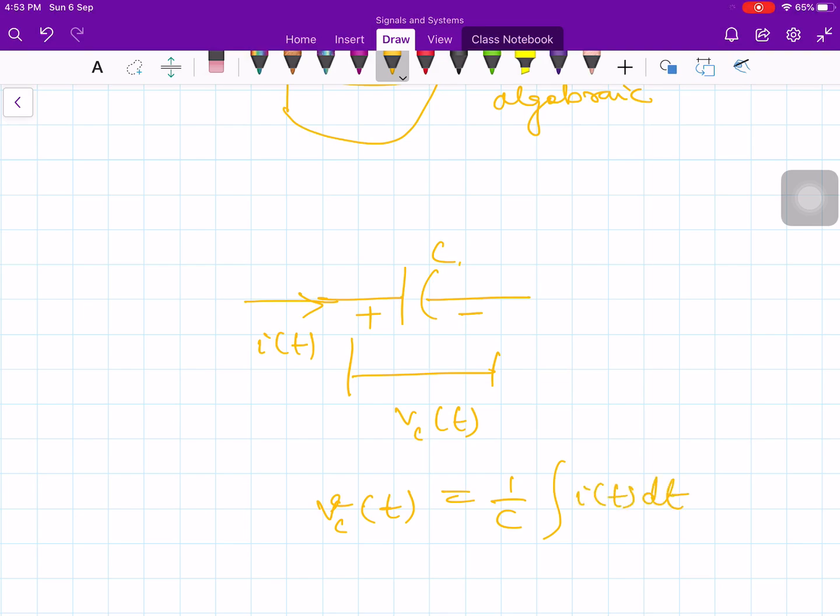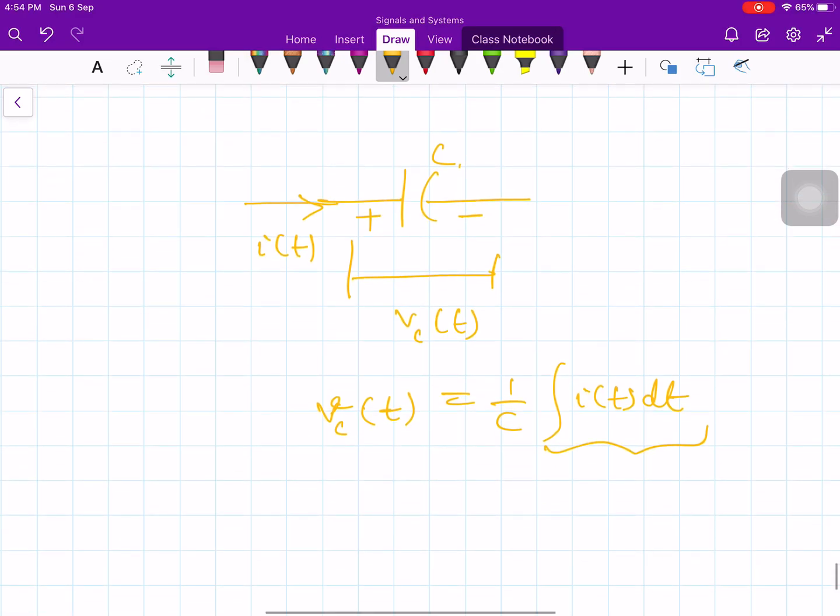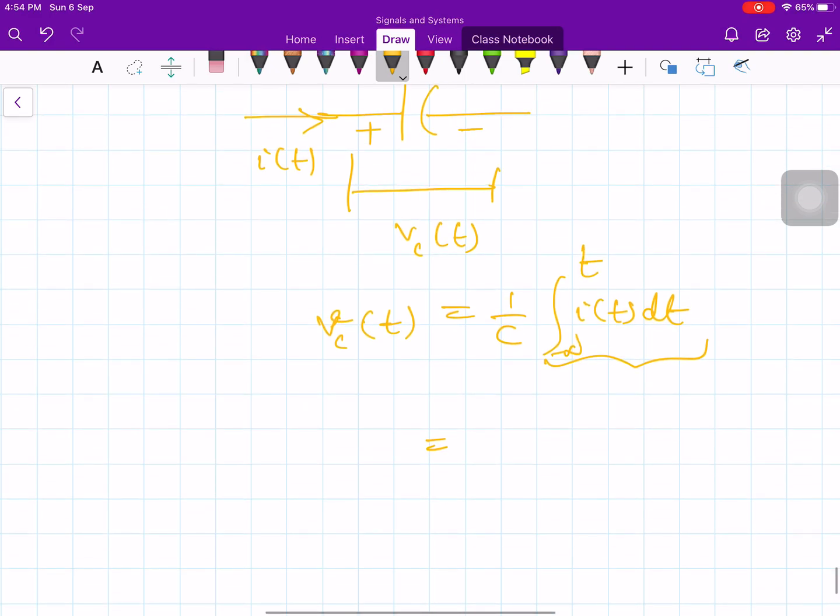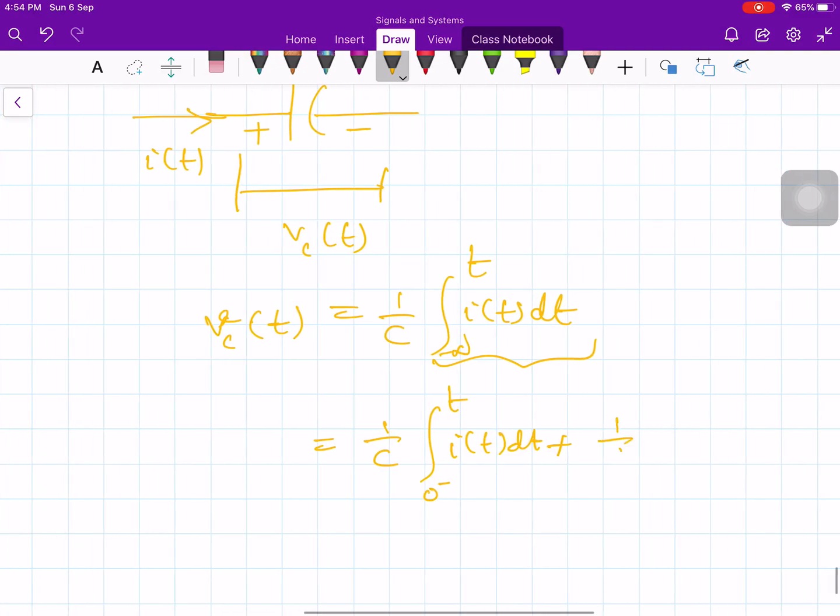Now what is this i of t dt? It is the charge on the capacitor. So I can write this further as 1 over c times the definite integral from 0 minus to t of i of t dt, plus 1 over c times the initial charge on the capacitor.